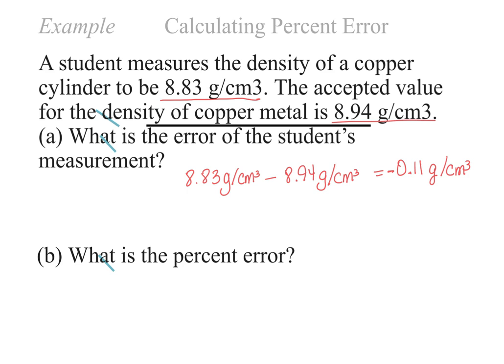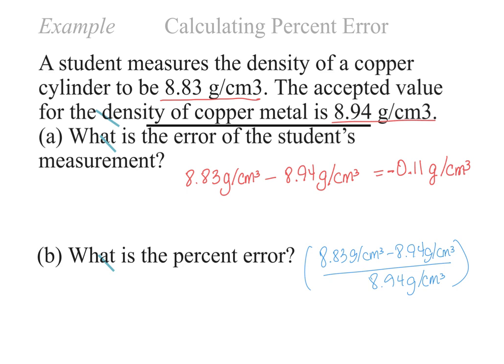If we wanted to find out our percent error, remember our percent error is our measured minus the accepted over the accepted, which we already have the first part of.